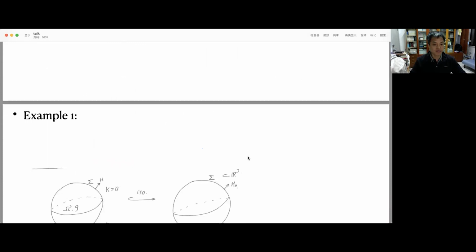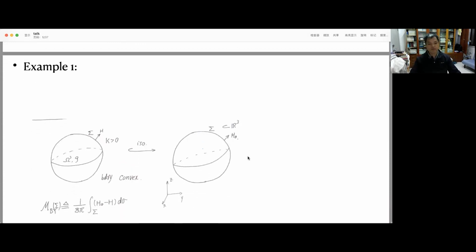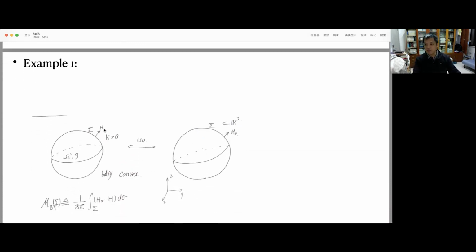The first example is the so-called Brown-York mass, which was introduced by two physicists, Brown and York, about 30 years ago. Let (Omega, g) be a compact Riemannian manifold with convex boundary. That is, the Gaussian curvature of the boundary is positive.